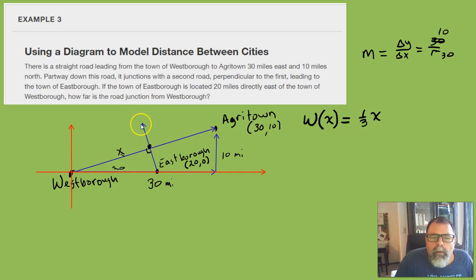Now we're going to find the equation of this line, which we'll call E of x. So E of x would be, if it's perpendicular, then the slope is the negative reciprocal. So that would be -3x, and then plus b. So now we're going to plug in 20, 0 to figure out what b is.